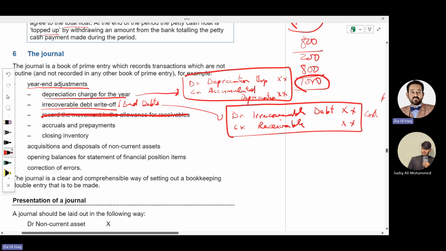For accruals and prepayments, we need to record entries at the year end. What are the entries? We will learn a complete chapter on accruals and prepayments. Leave it for now. For closing inventory at the year end, we need to record the accounting entry. How? Debit inventory, credit inventory.